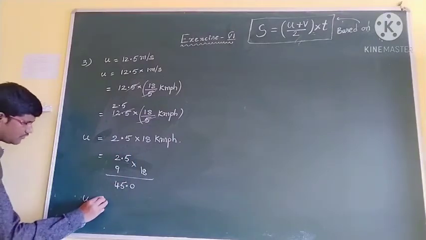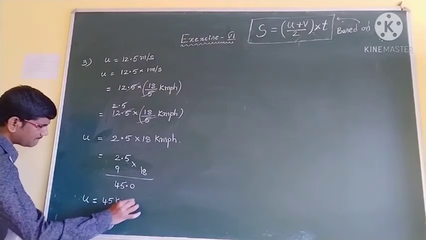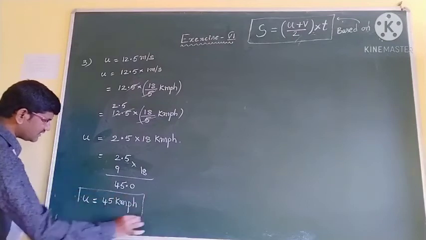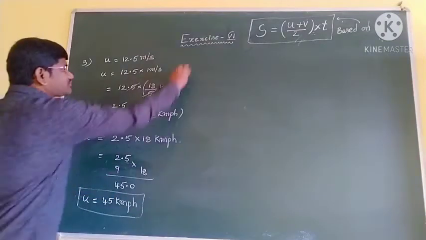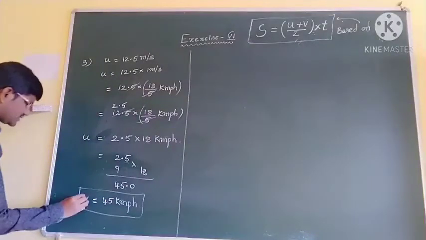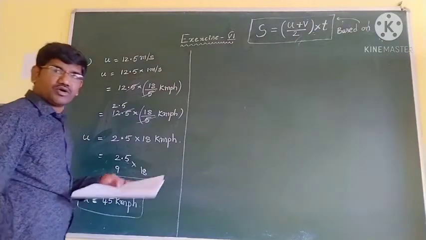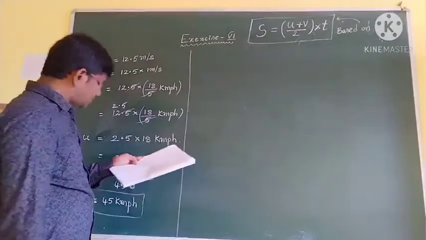So the u value is 45 kmph. This is the initial velocity. Okay students, so that is the third one.